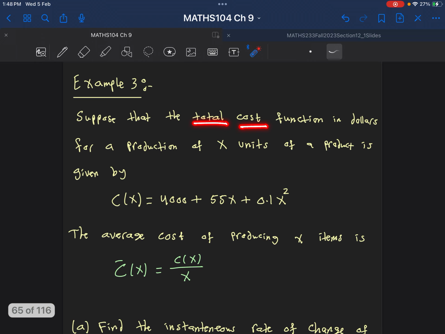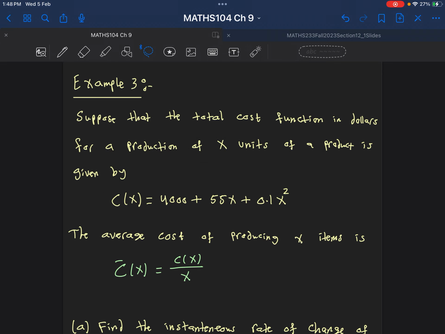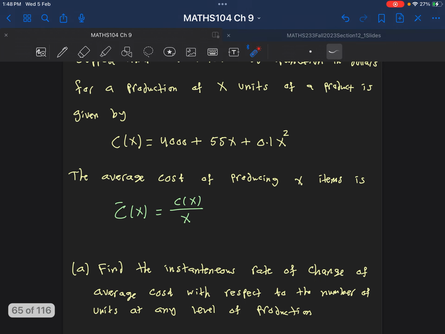Example number 3, suppose that the total cost function is given by this formula here. Let me just take it down here. Now, we have the average cost, which we talked about before, is given by this formula. You take the total cost and you divide it by x.